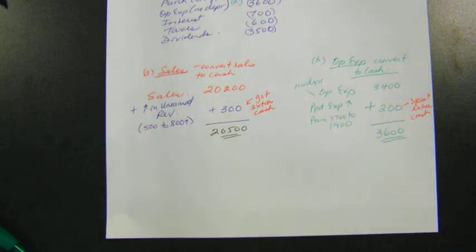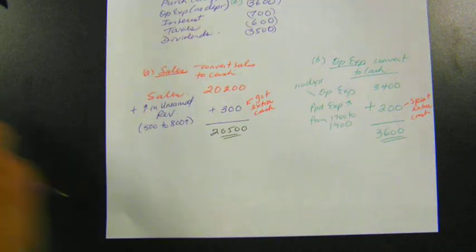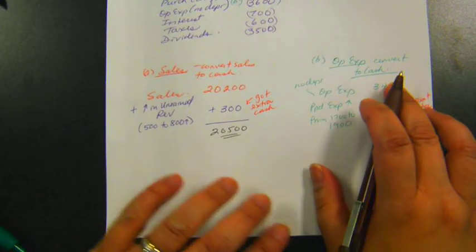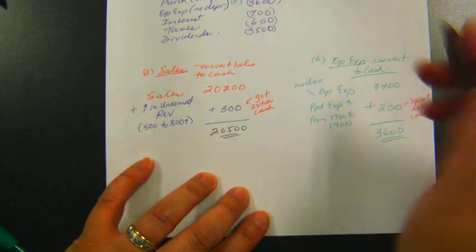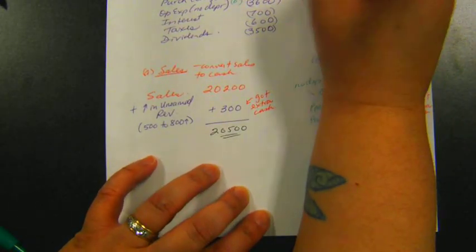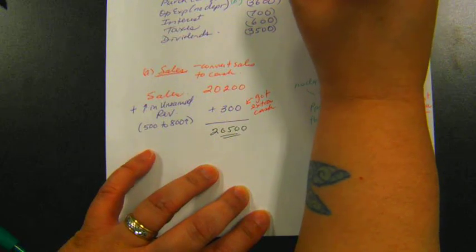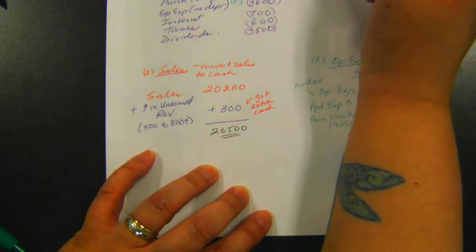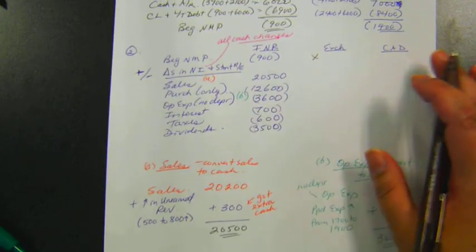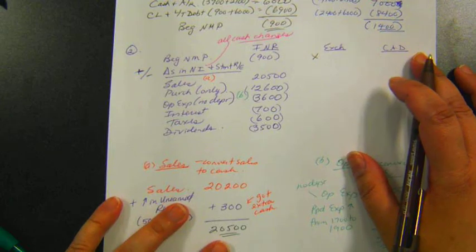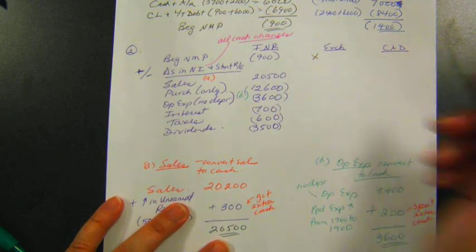So now we need the rates for these. What's the beginning net monetary position? What's the rate? It's monetary, so it has to be current on that date. Oh, sorry, thanks. So 0.041. Everybody good?